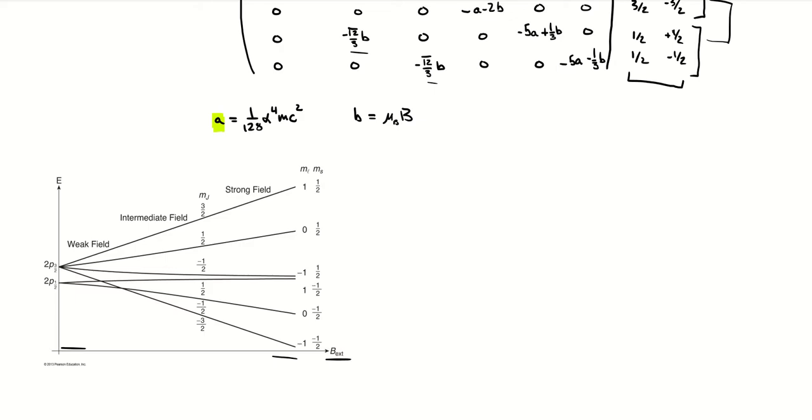Now, we've been looking at the 2p states. We can also revisit the 1s states that we looked at a while ago when we were looking at the hyperfine structure in the hydrogen atom. If we're looking at the 1s states, the fine structure and the Lamb shift, neither of those remove any degeneracies.